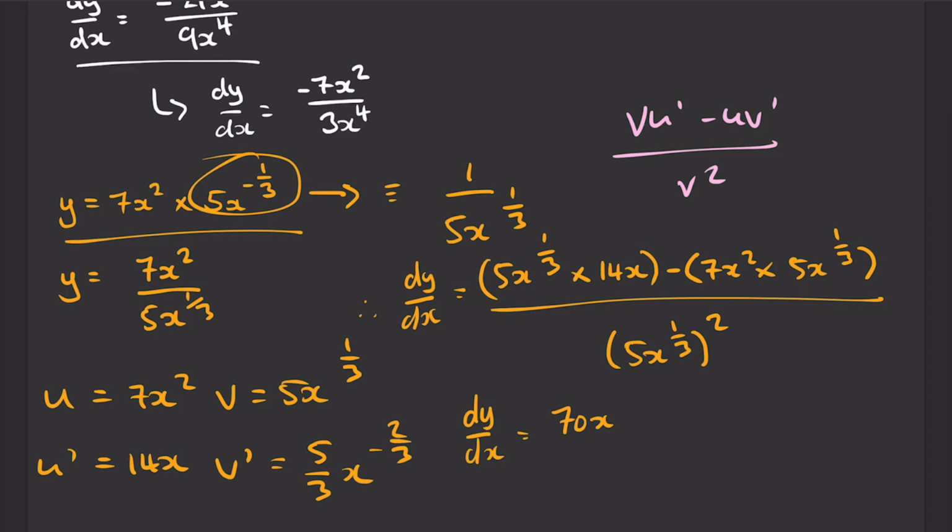We get 4 over 3, and then subtract 7 times 5, which is 35, and then x, because it's x's again, you can add the powers together, to the power of 7 over 3, all over 5x to the third, all squared, so that would become 25x to the power of 2/3. Okay, so that's our answer simplified.